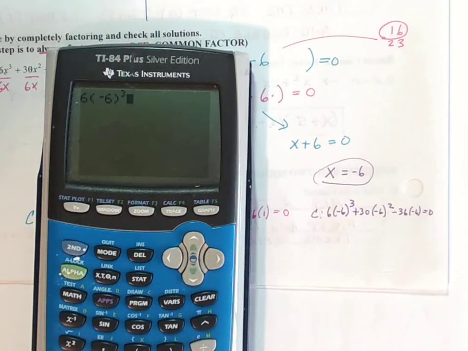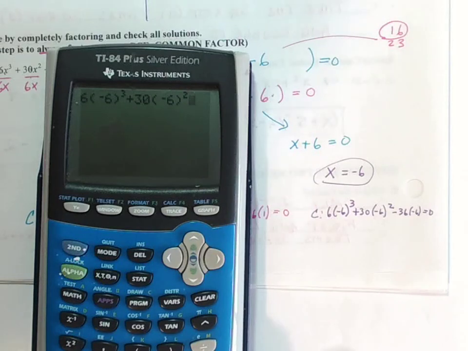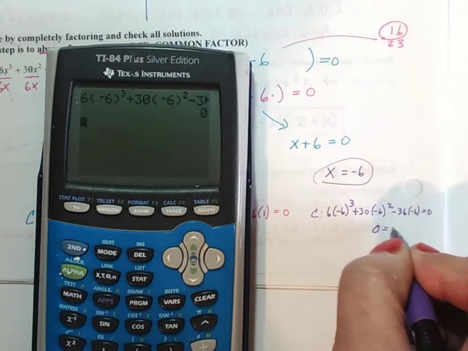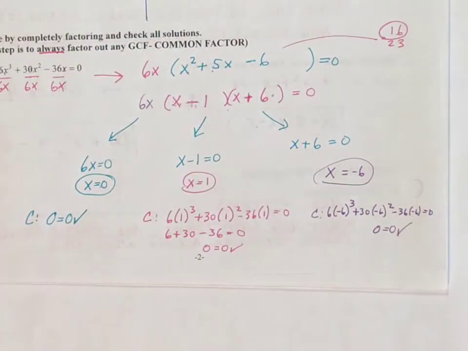And for this calculator, I have to arrow it down so that it does the calculations properly. Plus 30 parentheses, negative 6 squared, minus 36 parentheses, negative 6. And if I've plugged everything in correctly, hopefully I'm going to get 0. And I did. So 0 equals 0. Cha-ching, it checked.